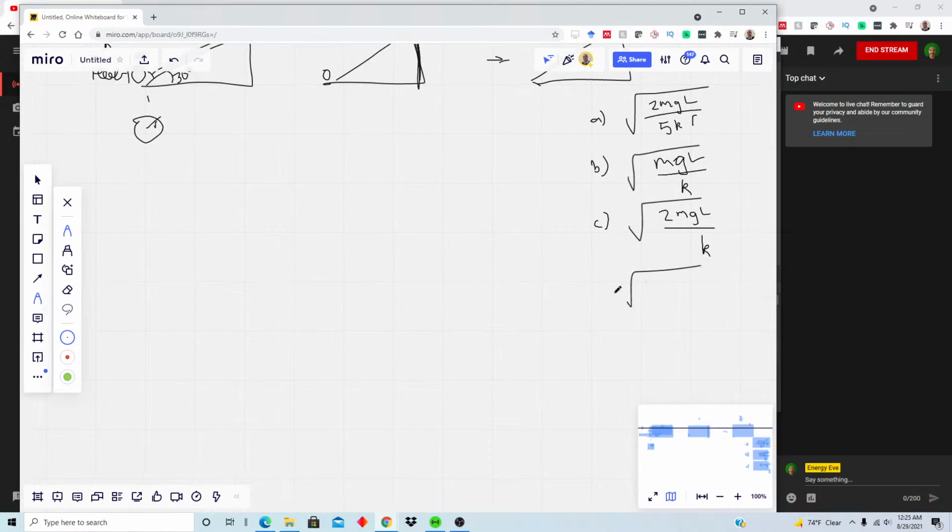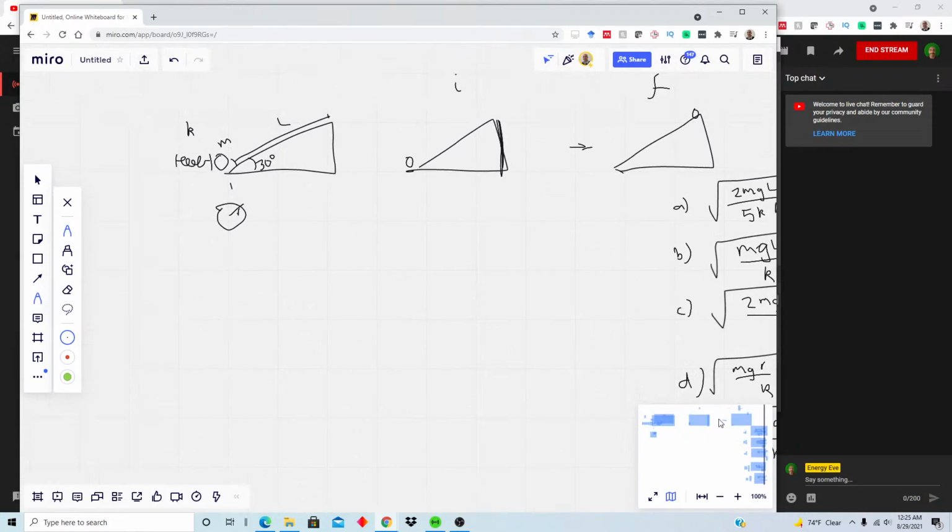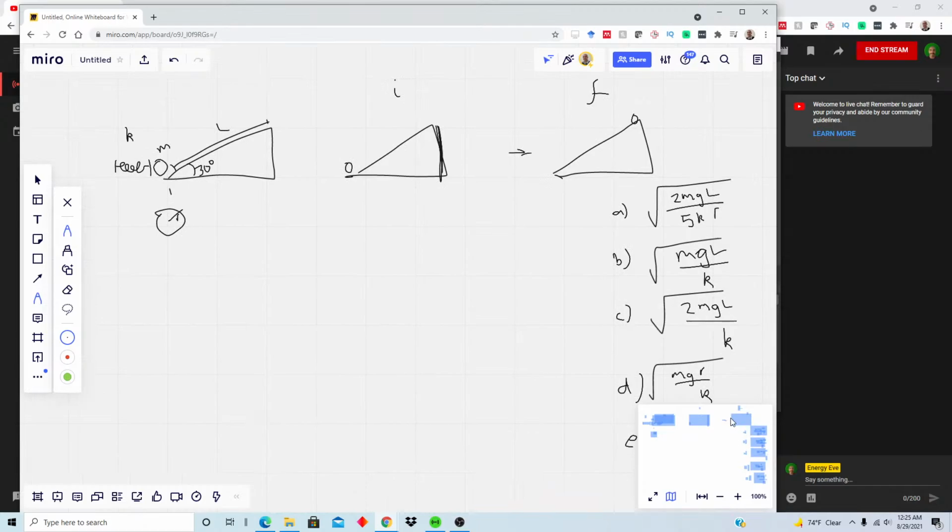The next one, square root of mgr over k. And the last one, square root of 2 mgr over k.